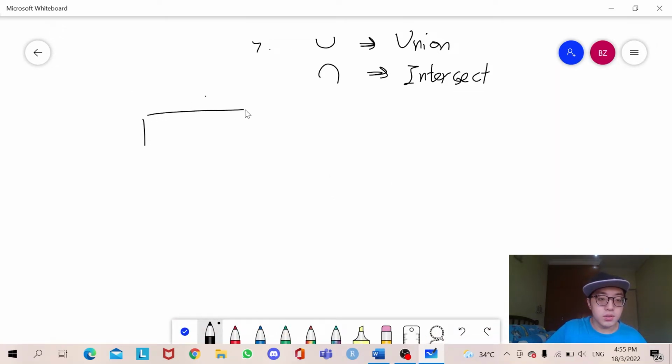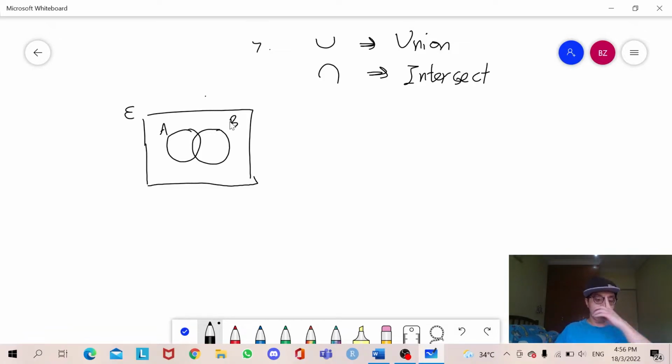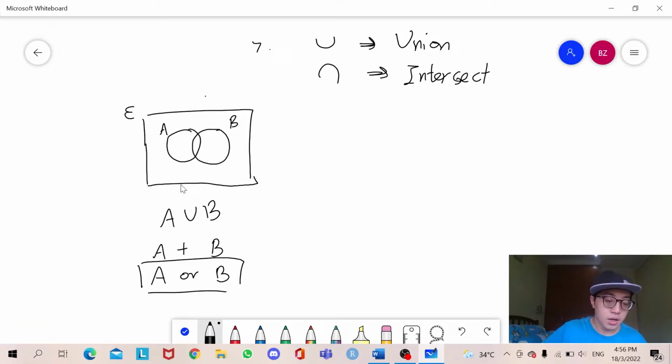This is the universal set E, and this is set A and set B. If we say A union B, this means everything of A plus everything of B. Or in word terms, we can say it's A or B. You will see why this matters in probability when you are learning in the higher boards. So A union B means everything here.